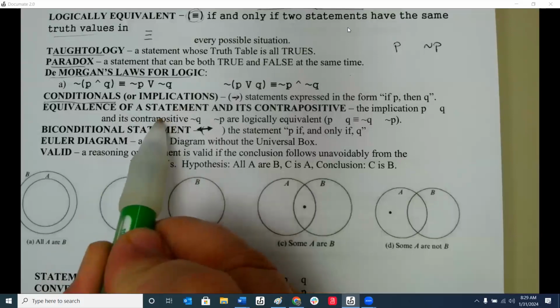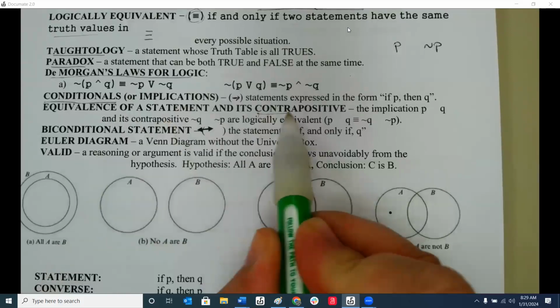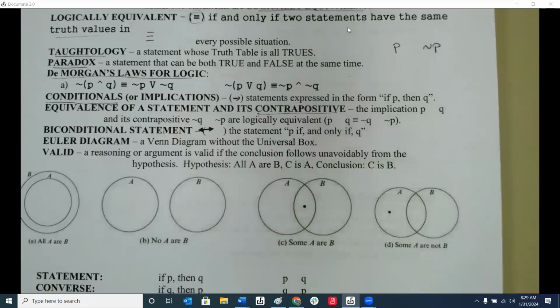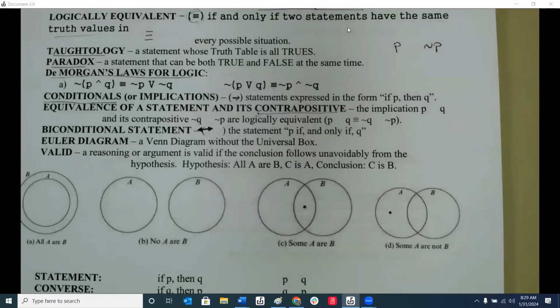Equivalence of a statement and its contrapositive. What do you think a contrapositive is? What does the word just sound like? Contrapositive. Yeah, it'd be the fallacy of an argument or a statement. Right.